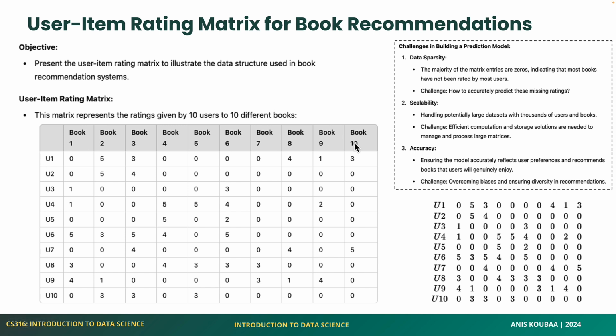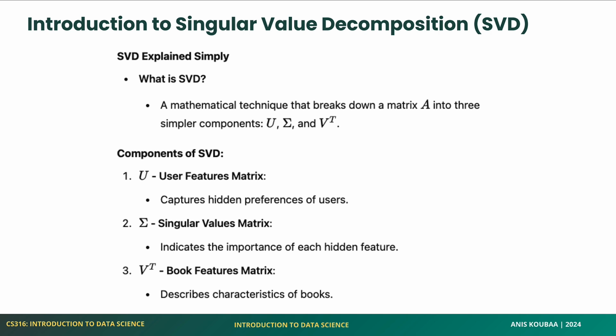It's a 10 by 10, and this is how it is represented. Okay, so the majority of the matrix entries are zeros, indicating that most of the books have not been rated by most of the users. And imagine I would like to estimate what will be the rating of these books by this user. I want to fill in these zeros with some kind of an estimation. So we can use singular value decomposition.